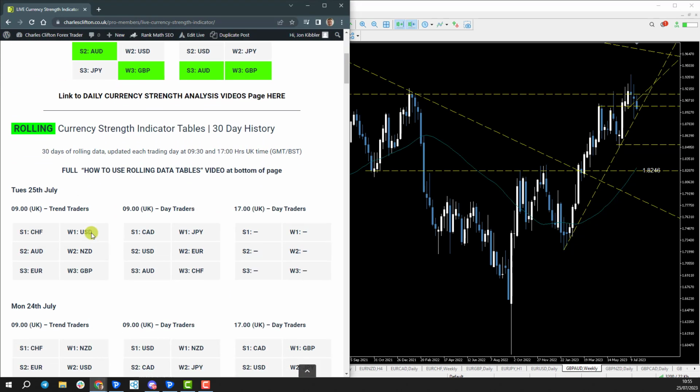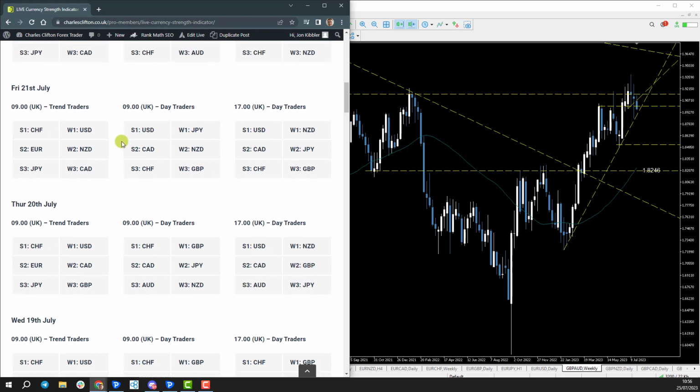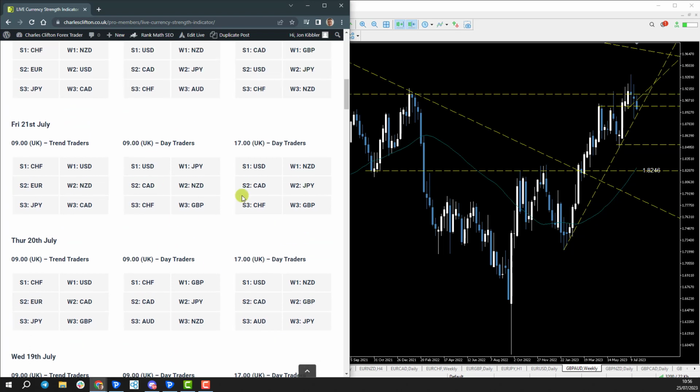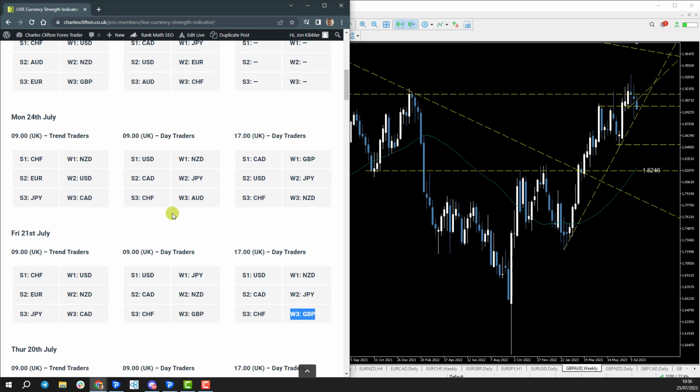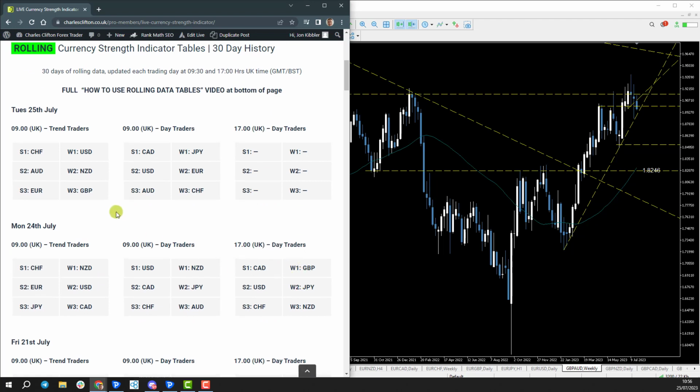If we go back into our tables and scroll down to the 20th of July, we can see that pound is featured there, as well as the Australian dollar on our day traders, and it has featured there pretty much ever since. We have had some changes. When pound has been on the table, sometimes Aussie has gone away, but when Aussie has reappeared on the table, pound has also reflected that and come back as well.